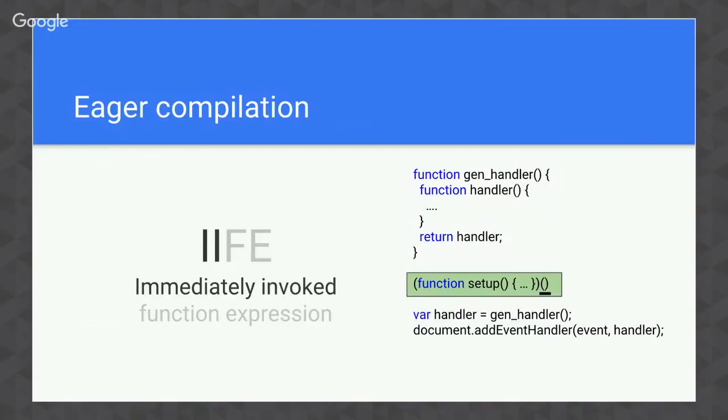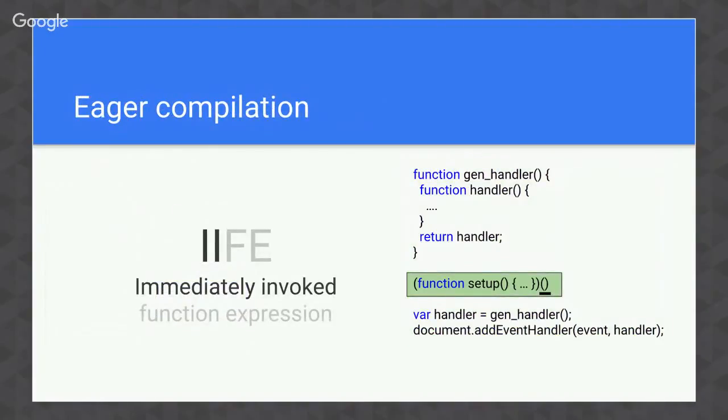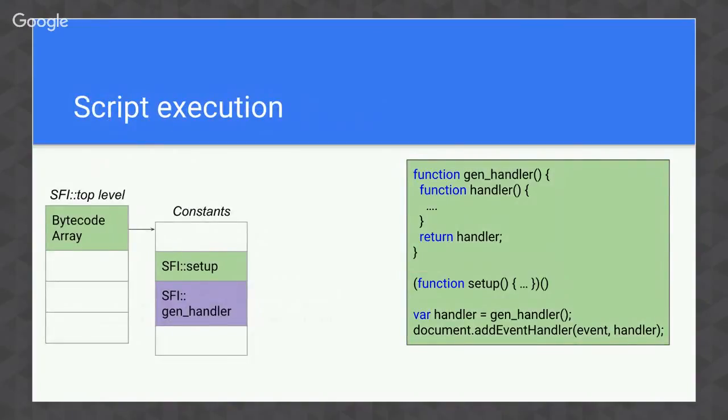The pre-parsing step that I described previously is cheap, but it's not free. So if we can avoid doing it and just do the straight up parse straight away, then we would prefer to do that. So these functions get compiled eagerly, just the same as the top-level script does. And you end up with bytecode that has a list of constants. Some of those are lazily compiled functions, some of those are eagerly compiled functions.